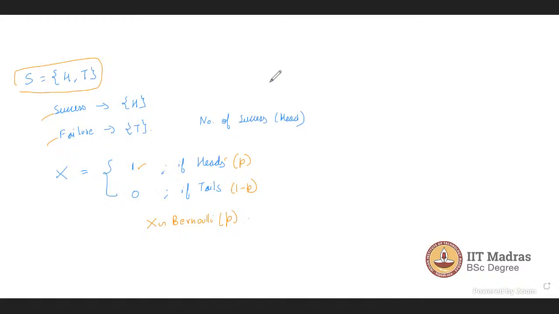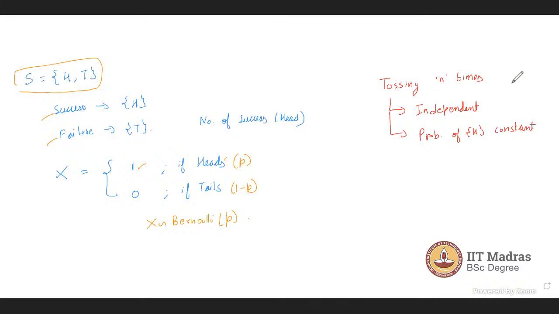Now we can also extend it, right? Suppose instead of tossing the coin only once, I am tossing the coin n times. I'm tossing the same coin n times. So it means each toss is independent of each other, and the probability of getting heads is constant for each toss.